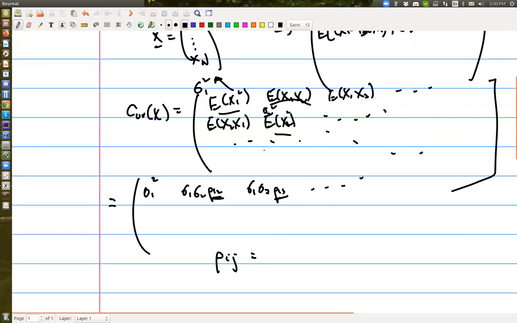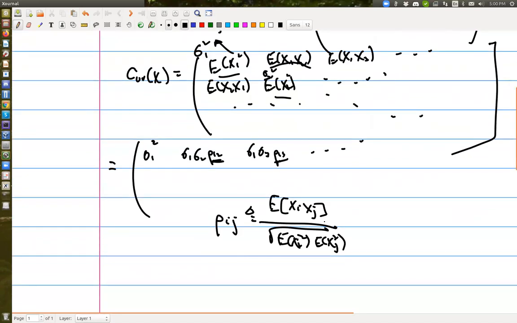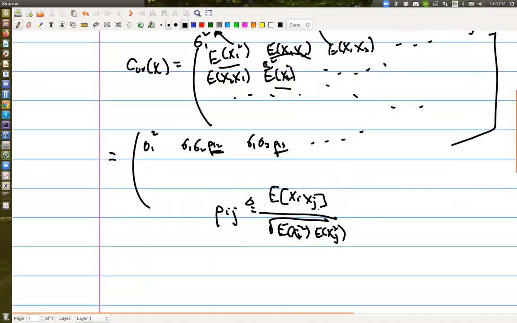So anyway, rho ij is equal to expectation xi xj over the square root of expectation xi square times expectation xj square. And of course, I am assuming zero mean.